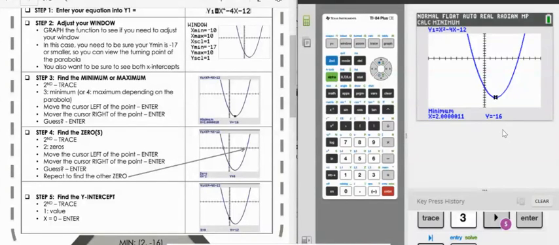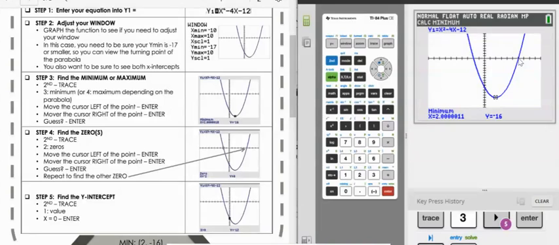Now we'll move on to step number 4, finding the zeros of the function. We know that the zeros occur when the parabola crosses the x-axis. This particular parabola crosses at 2 points, and I could probably make an educated guess at what those points are. It looks like -2 and +6, but let's double check.